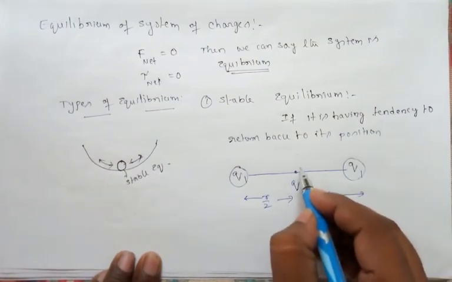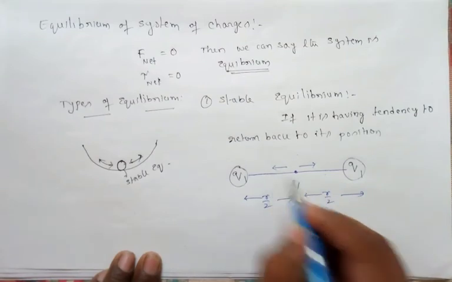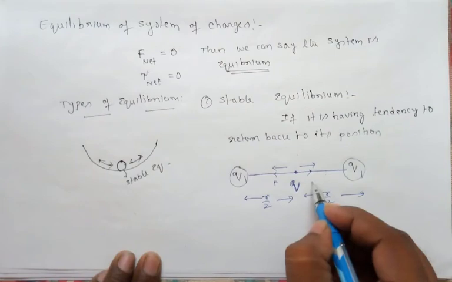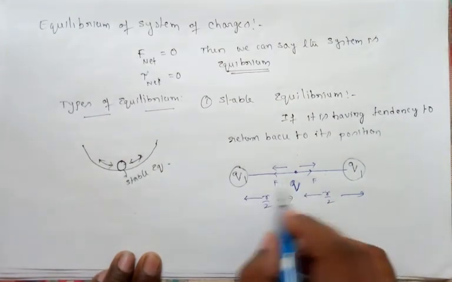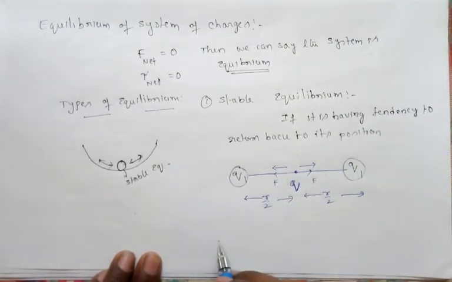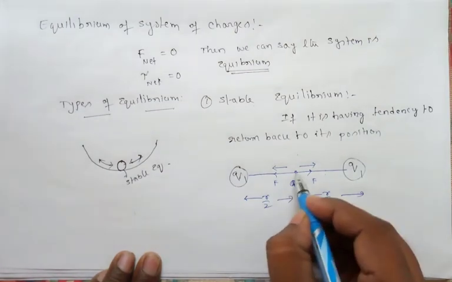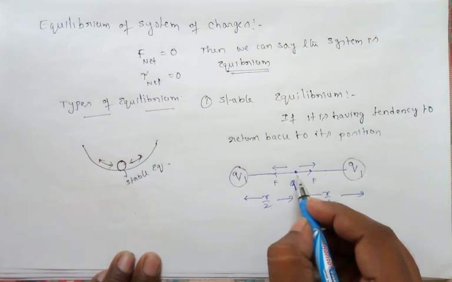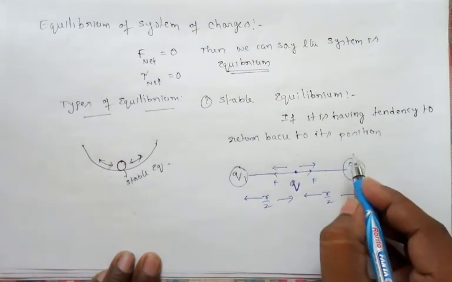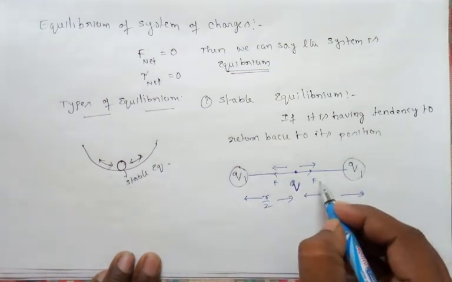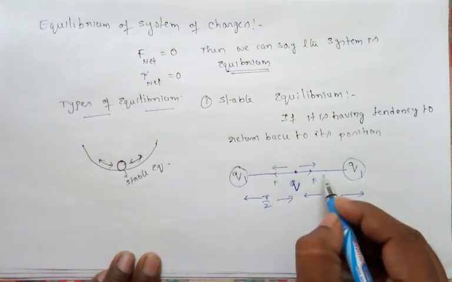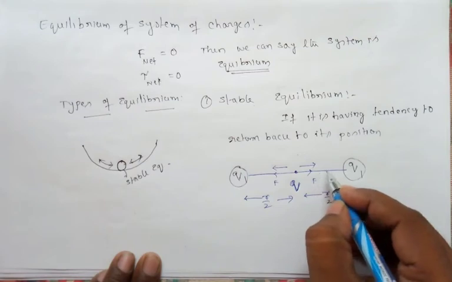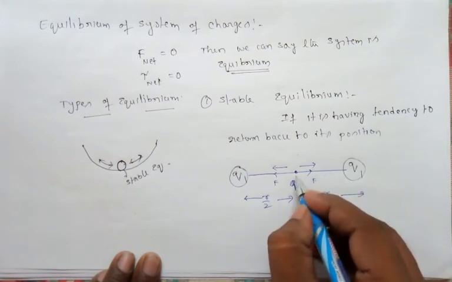If you disturb it to either side, it is actually in equilibrium, because the net force acting on it is zero, since both forces are exactly the same. But once you disturb it from this position, to the right side or left side, what happens? If it is pushed towards the right, F1 is more, F2 is less. This charge will repel more, so it tries to come back to the same position.